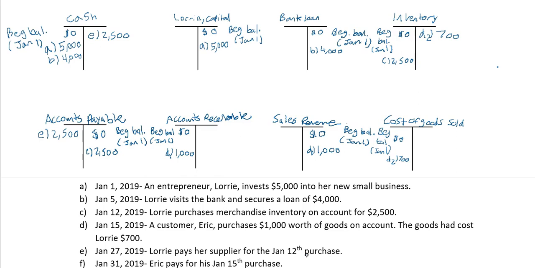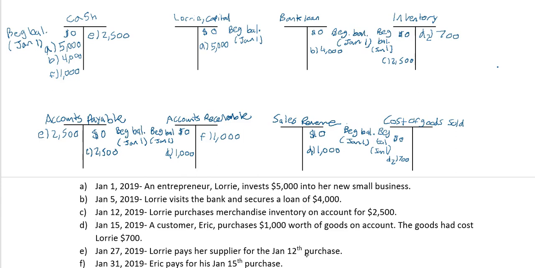That will be cash coming in. So cash account will go up by 1,000. And Eric no longer owes us money. So we'll put a credit entry here. We're essentially trading off one asset for another.